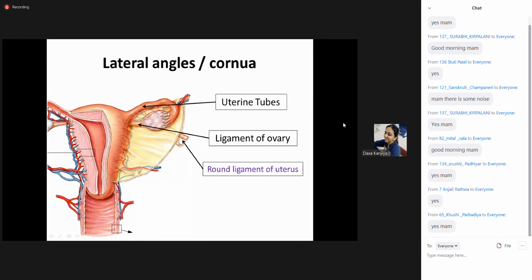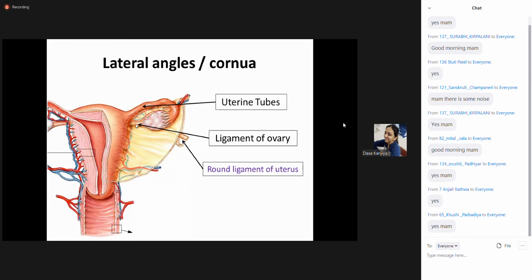If you remember the anatomical relations between these three structures, you can make out the anatomical position of uterus. Like the uterine tube is the uppermost structure, so keep it superiorly. Round ligament lies in front of uterine tube, so keep it anteriorly. And the ovary as well as ligament of ovary lies behind and below the uterine tube.